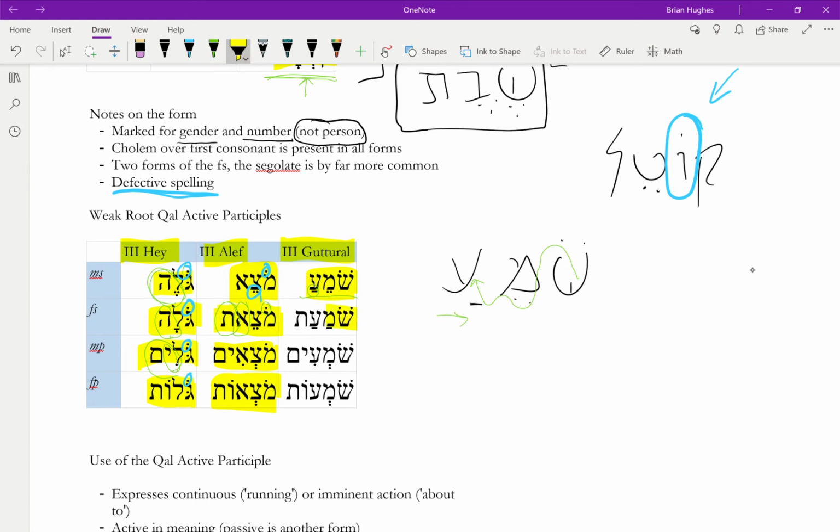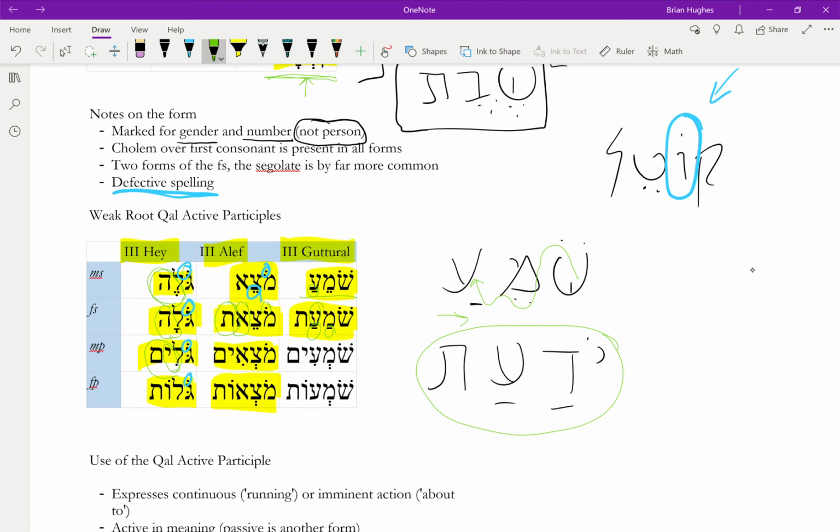In our feminine singular, we get shomaat, shomaat. And so instead of segol, segol, tav, because we have a guttural here, we get patach, patach, tav. This also shows up in one of the very frequent third guttural participles, which is yodaat, yodaat, which is knowing.